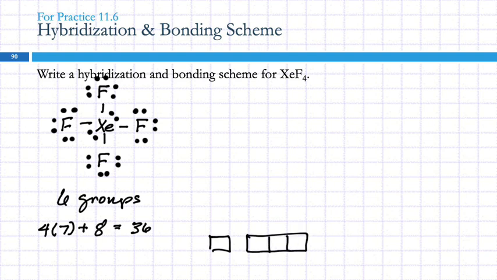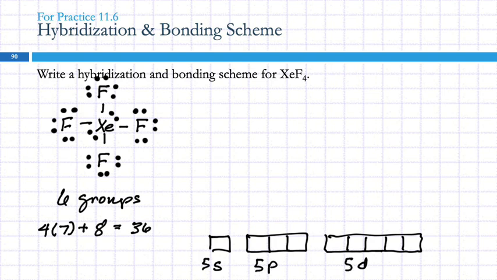So if we think about xenon's valence shell of electrons, we've got S and P and D because xenon is in period 5. So this is 5S, 5P, and 5D. I need 6 hybrid orbitals, so I need 6 regular atomic orbitals to hybridize.